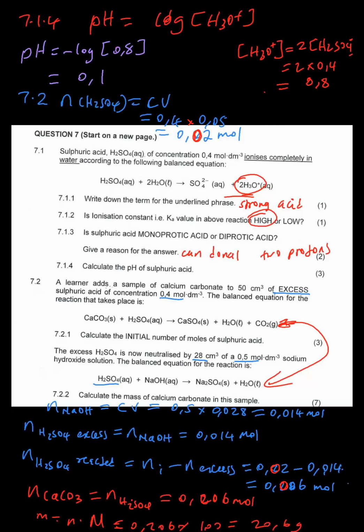Which means the ratio, then multiply by 100. The answer is what? Is it 6 grams? No, 0.6 grams. Yeah, just move the comma 2 times. Yeah, it's 0.6. Now it's okay.